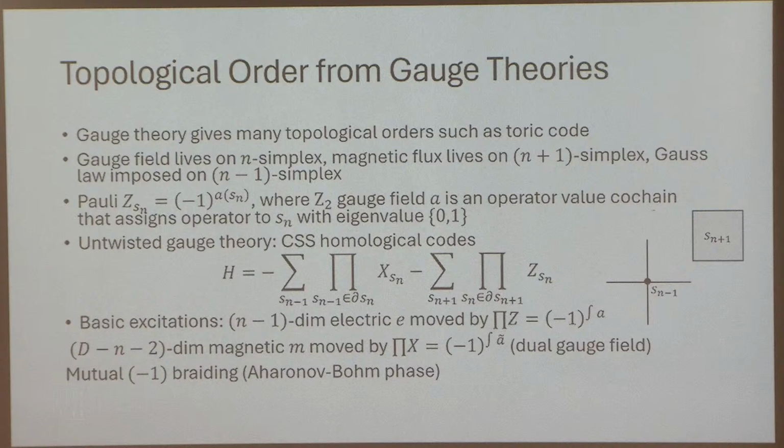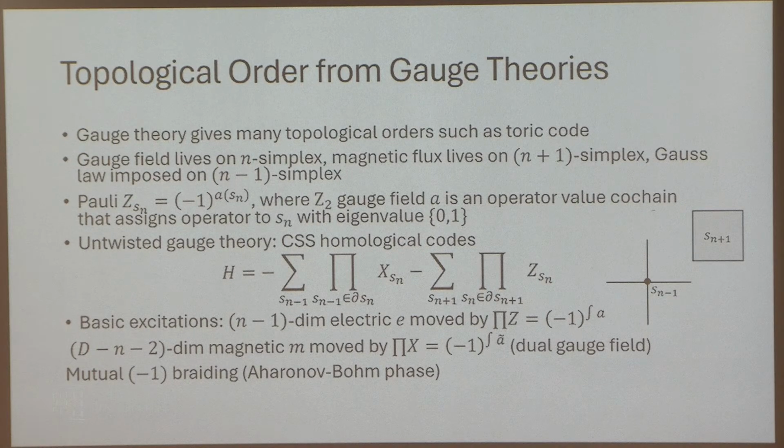Let me just flash the corresponding Hamiltonian. You have the usual X terms and Z terms, where I put a qubit on each n-dimensional simplex, and there are Pauli operators X and Z that act on those qubits.